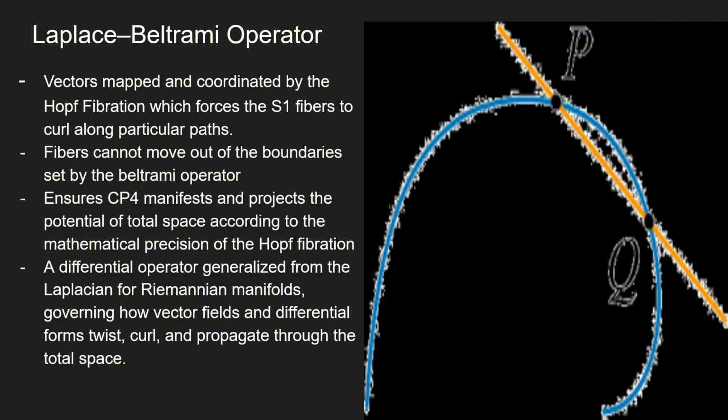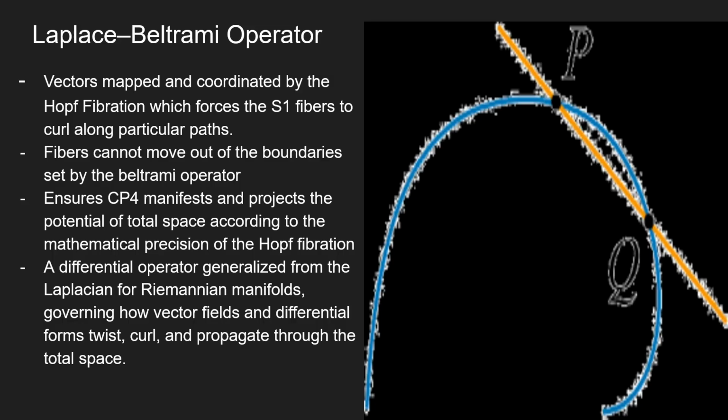And the thing that prevents it from doing this are the Beltrami operators, which have been set in place by the map of the Hopf fibration. These are the things that prevent the sand from shaping in a way that is not known to the Hopf fibration.